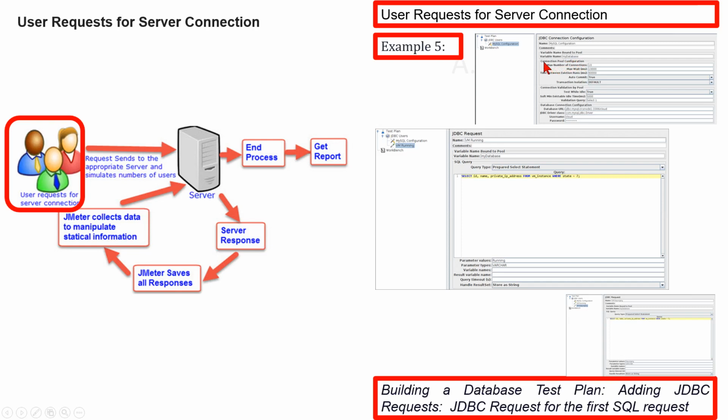JDBC URL, the database URL, that's jdbc:mysql://IP of the server, colon 3306/cloud.